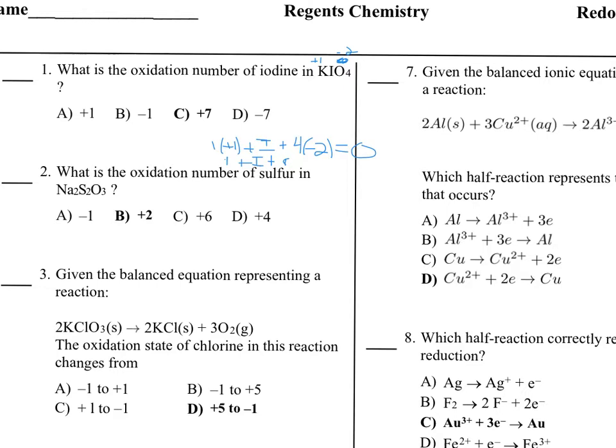Oh, plus -8, I'm sorry, plus -8. And so that's going to be a -7 plus my iodine is equal to 0. So that if I add my 7 over, I do get +7 as my answer.